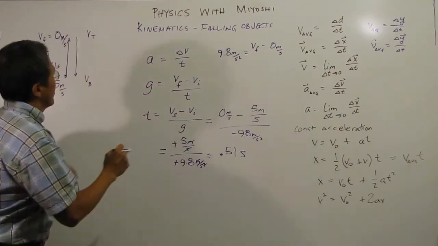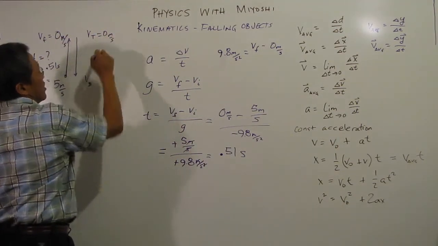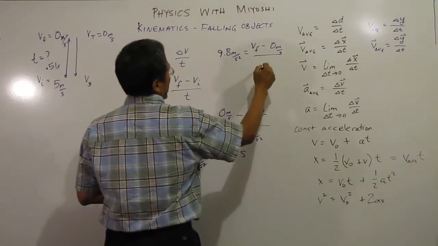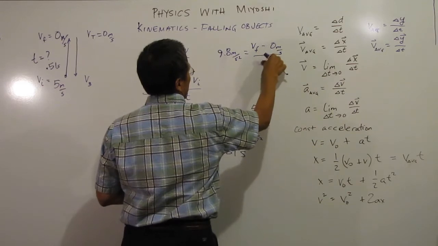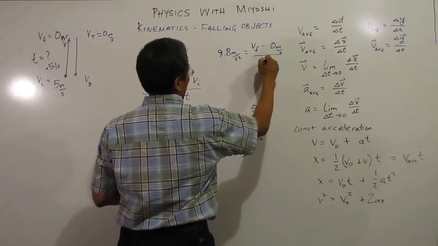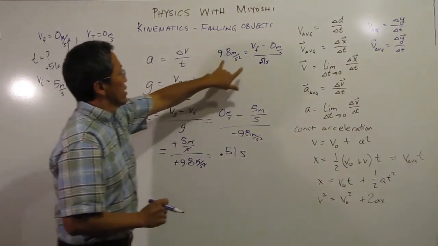And then I divide that by my time, which is 0.51 seconds. I can rearrange that equation and just multiply.